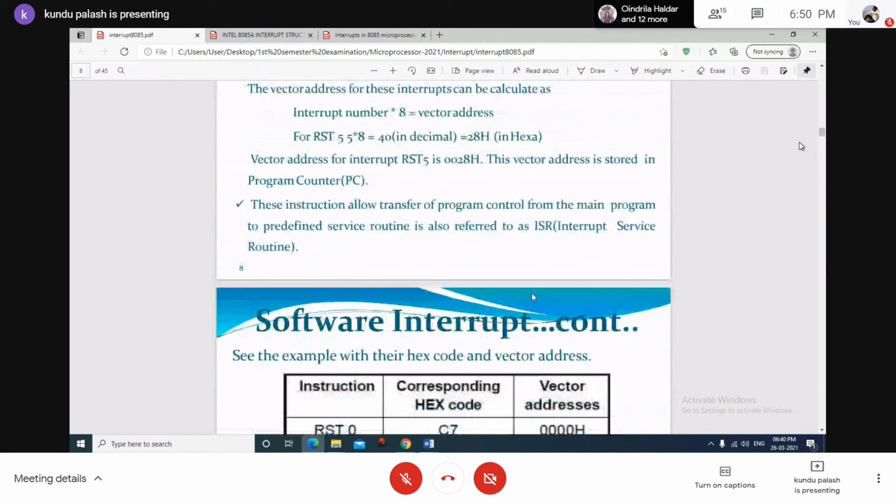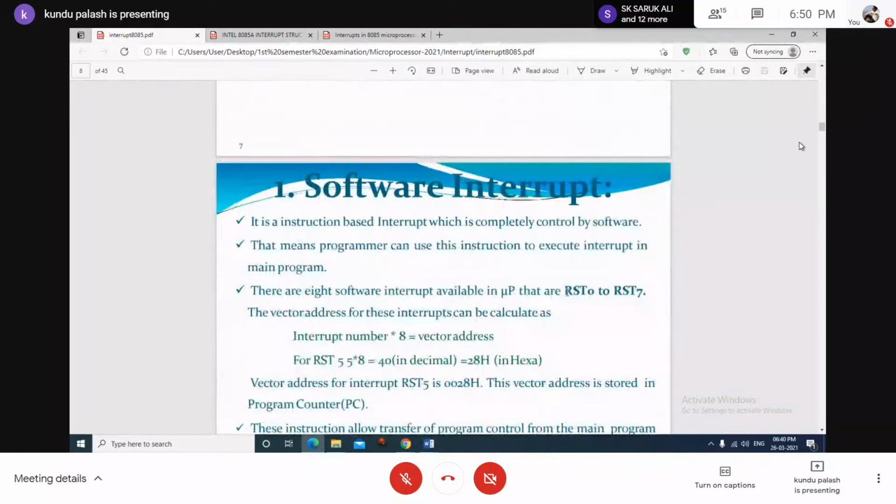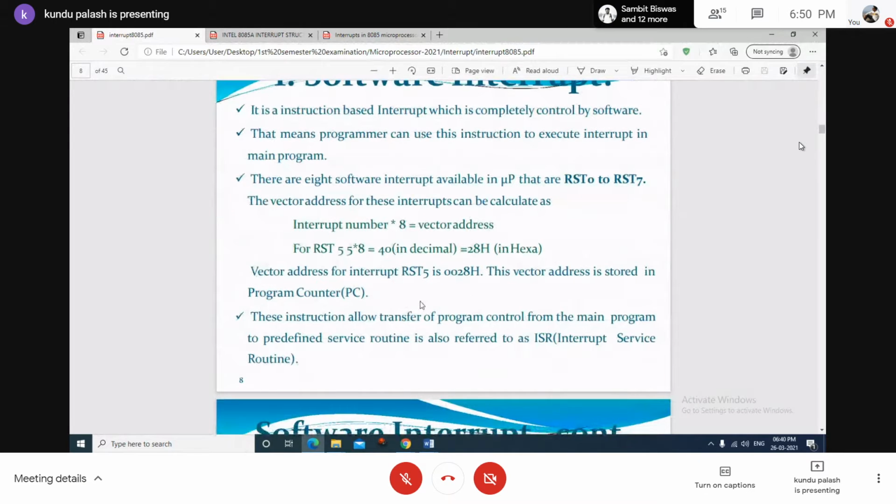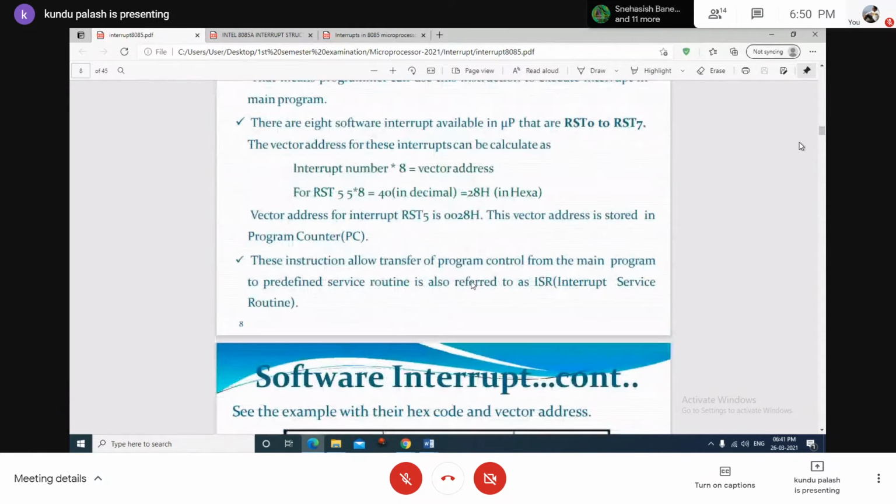This instruction allows the transfer of the program. Whenever a single opcode RST 0 to 7 is executed, the program counter will be forcibly loaded with the vector address calculated according to this formula. Once the program counter is loaded with this address, the CPU will automatically branch to 28.